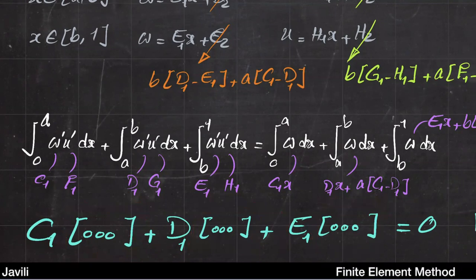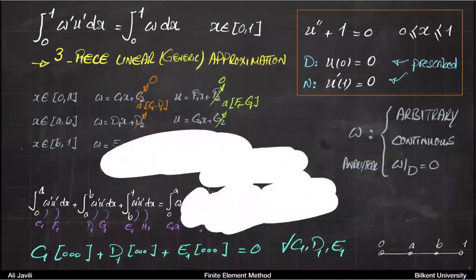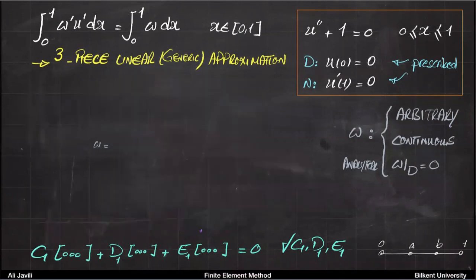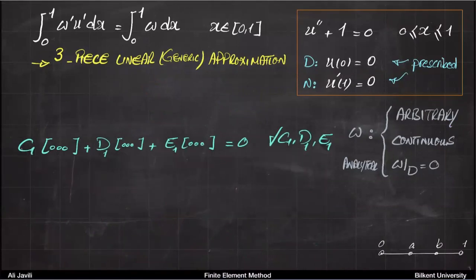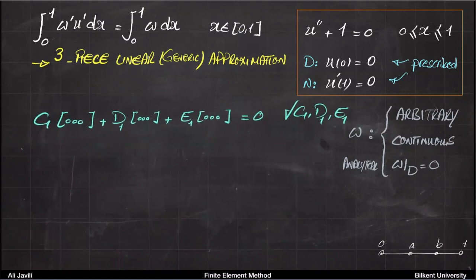Let me write that clearly because I think that's a key step here. So eventually, you get this equation that has all the information about the coefficients. Because it holds for any C1, D1, E1, this first part gives you one equation in terms of F1.